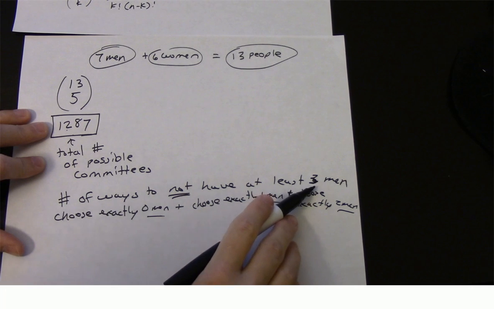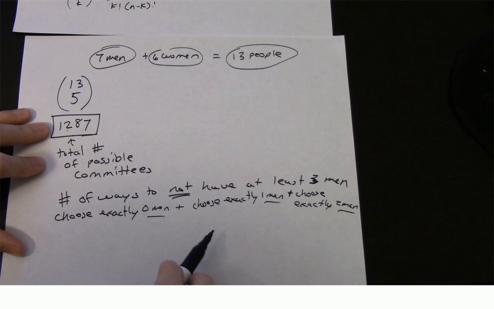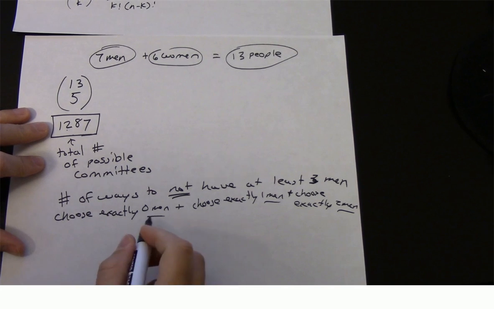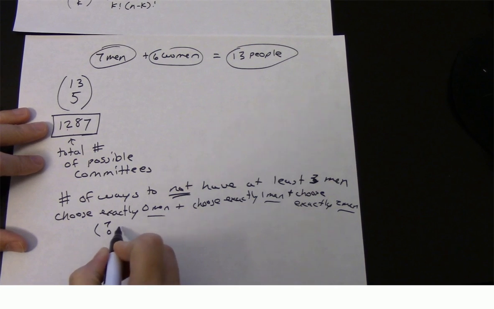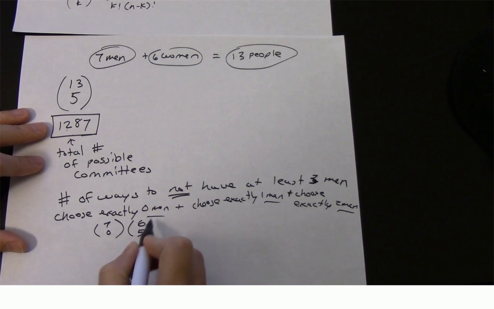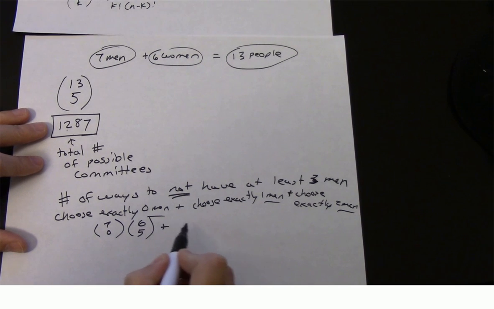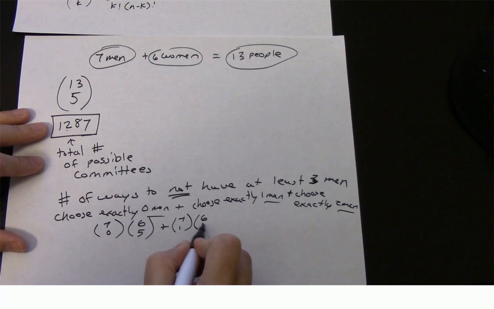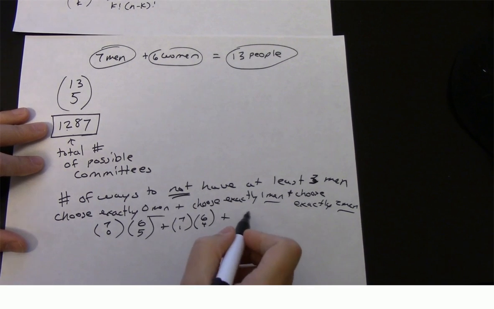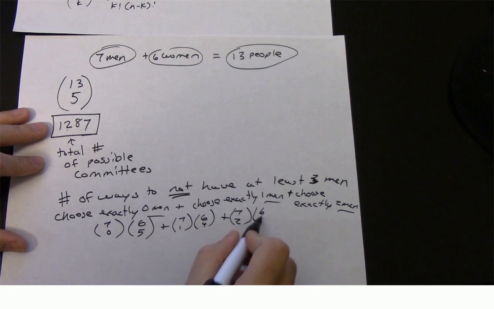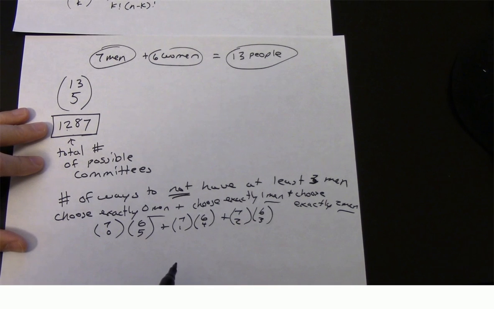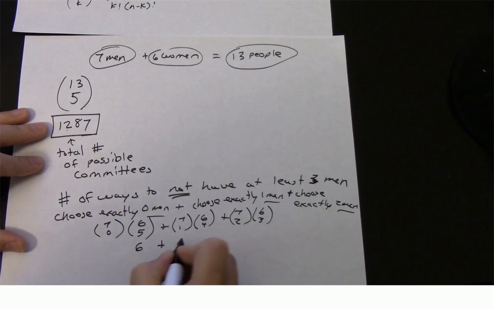Then you would not have at least 3 men, right? Exactly 0 men would be 7 choose 0, which is basically 1, times 6 choose 5, since you chose all 5 to be women. Exactly 1 man: 7 choose 1, 6 choose 4. Exactly 2 men: 7 choose 2, 6 choose 3, so you have your 2 men and 3 women because you need 5 on the committee.